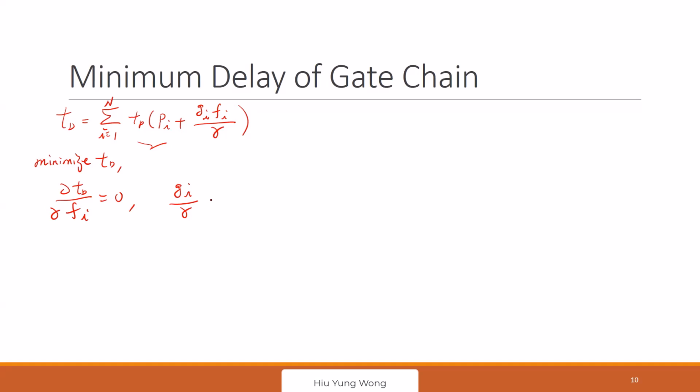There's something that got lost in my derivation. I'm sorry, give me a minute. Gi divided by gamma.